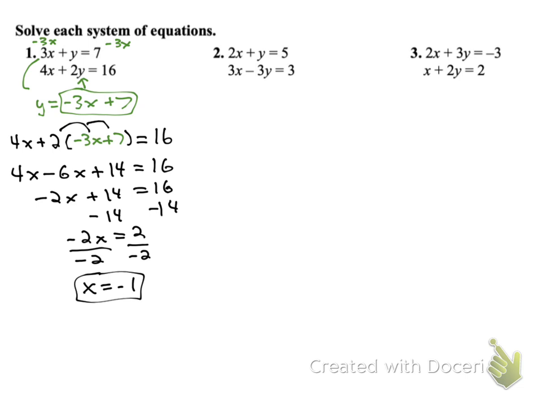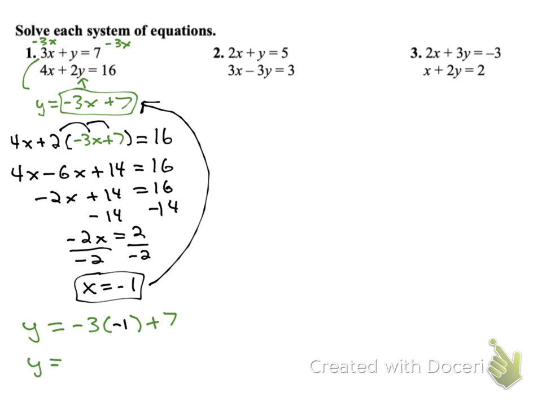From this point, to get y, I need to plug it back into one of the originals. The easiest thing to do is plug it into the green equation where I've isolated the y, because it will be less steps. Plug the negative 1 in for x. I'll have y equals negative 3 times negative 1 plus 7.